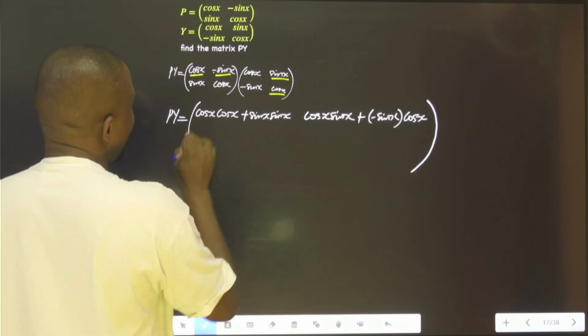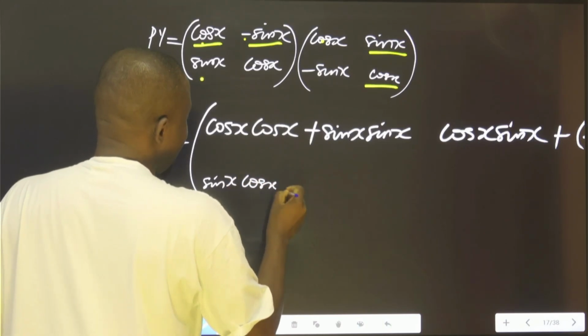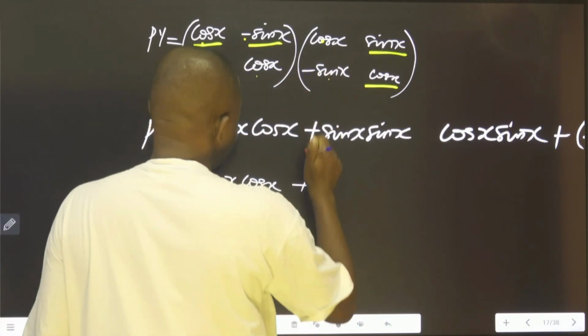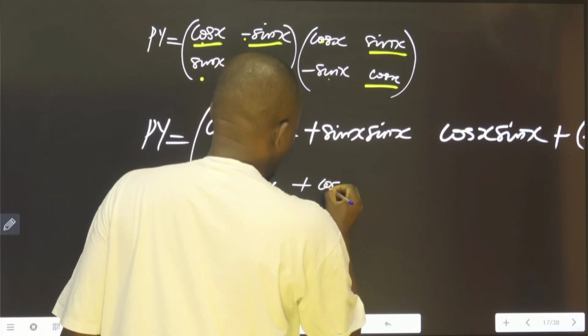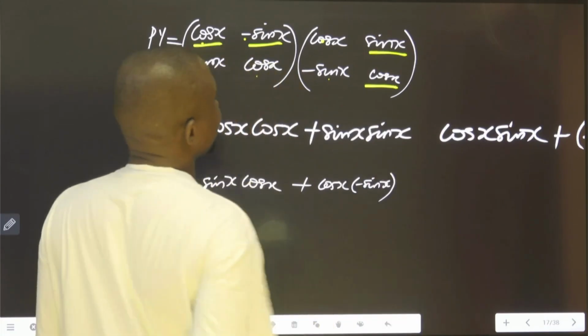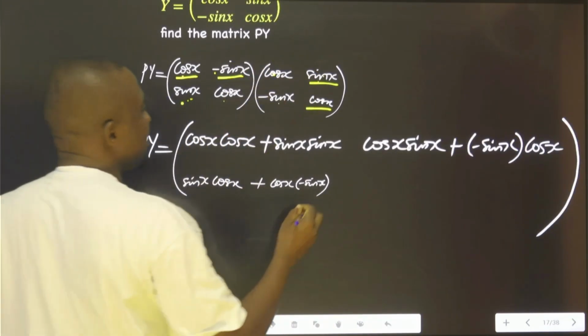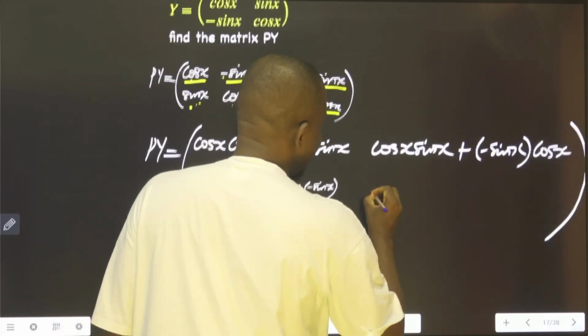Then we go for the second one. This multiplied by this, that is sin X cos X plus this and this, that is cos X minus sin X. Okay? Then the next one is this multiplied by this, which is sin X sin X.